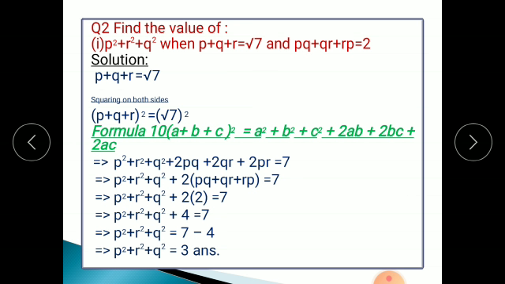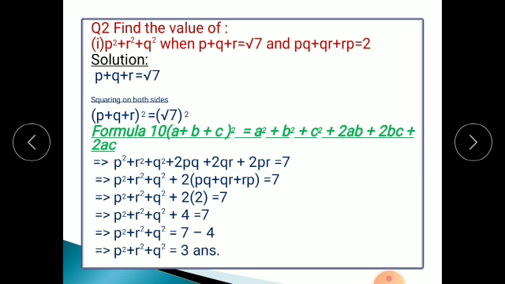Okay, so here in question number 1, just see, p square plus q square plus r square. We have to find the value of this when p plus q plus r equal to under root 7 and pq plus qr plus rp equal to 2. So here two conditions are already given, first and second, and the third one we have to find.